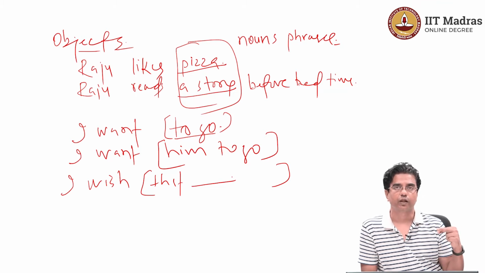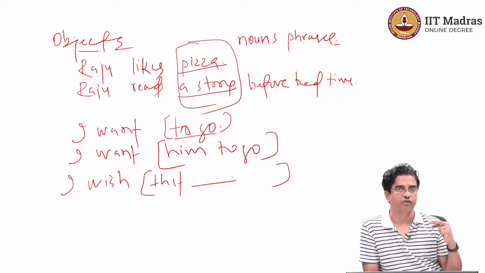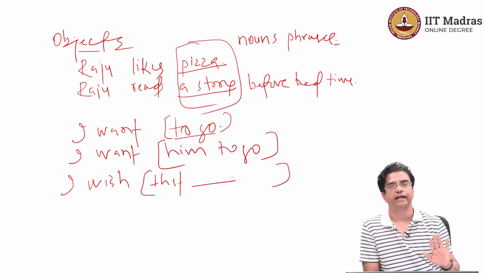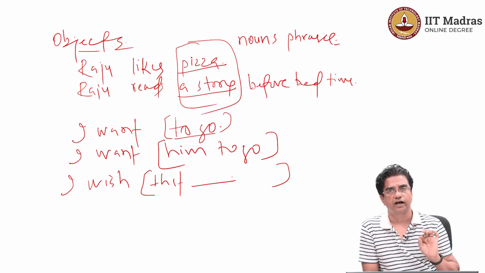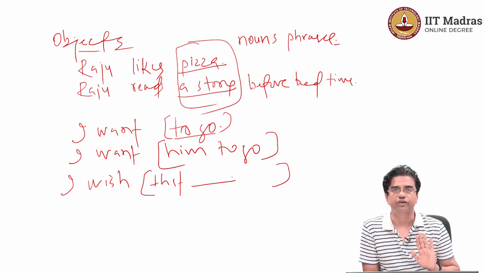To understand that clause in the context of subject and object, we need to just pay attention to a couple of types of subjects and a couple of types of objects in a sentence in English. Again, remember, so far I have only discussed 2 things, things that we already know.